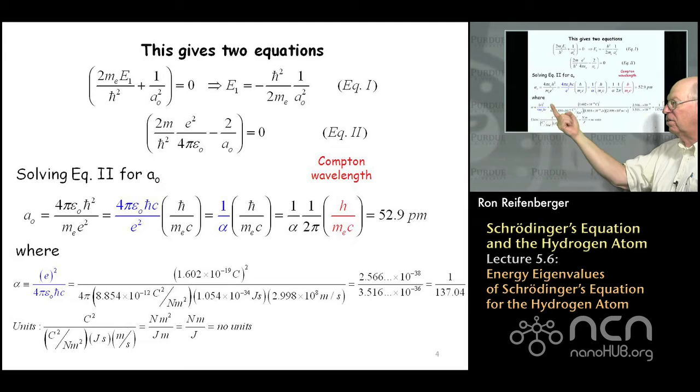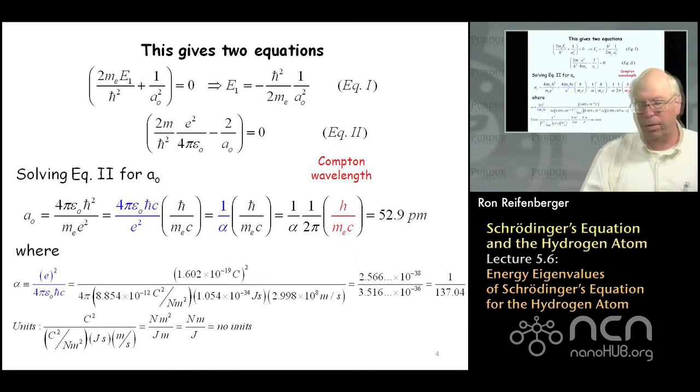So alpha is this group of constants. Turns out alpha is equal to 1 over 137. And so when you put that value in, use the Compton wavelength, which we discussed earlier in the semester, you find out that this constant A0 is 52.9 picometers.